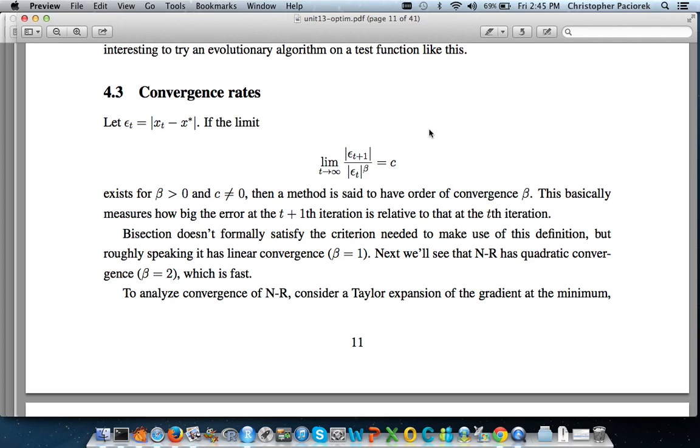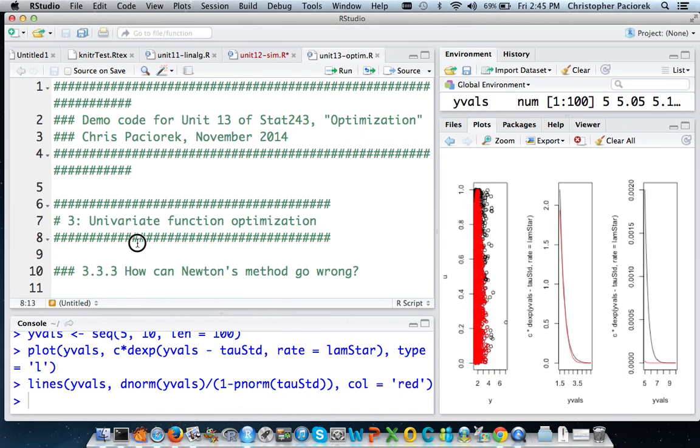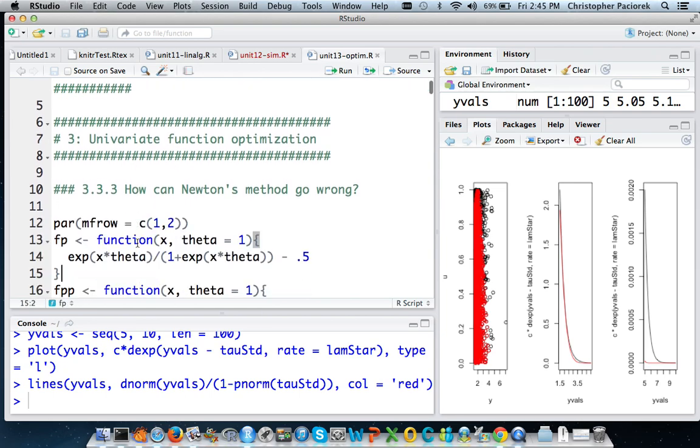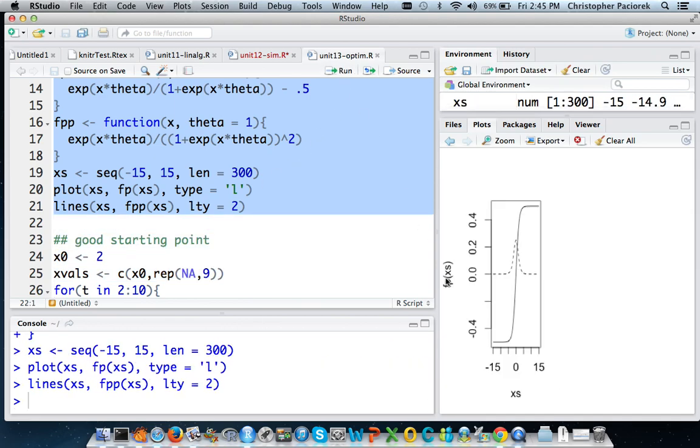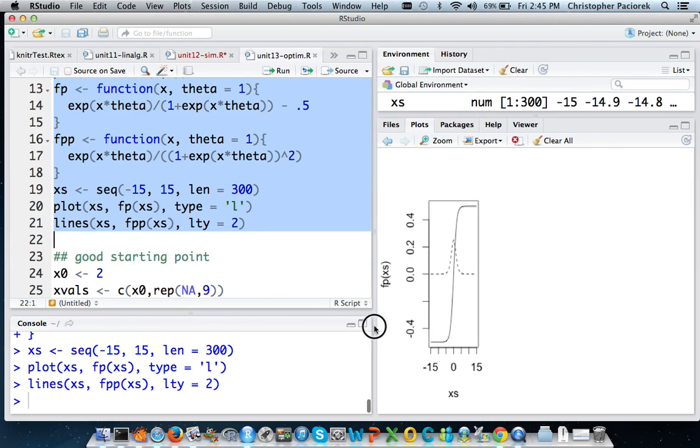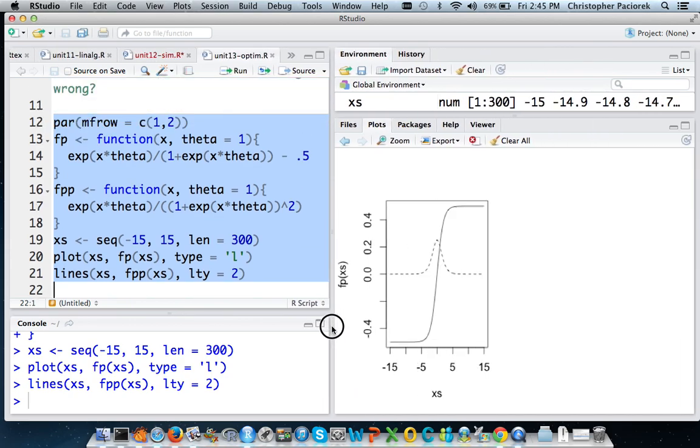Actually, before I do that, let me show you this demonstration, which I forgot to show you. The solid line is what I'm calling f prime, the gradient function, and I'm trying to find the 0 of that function.